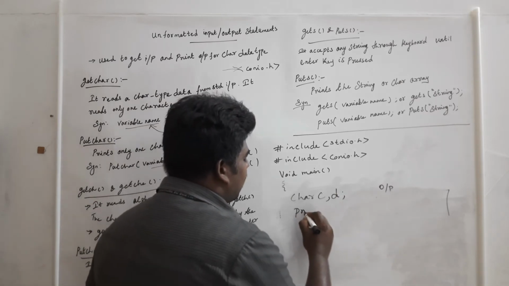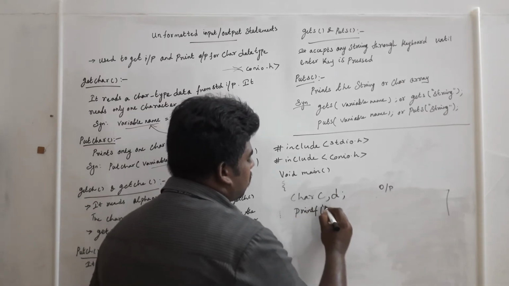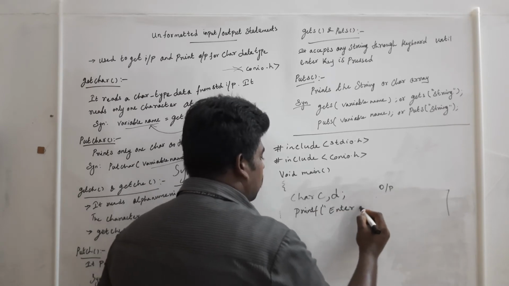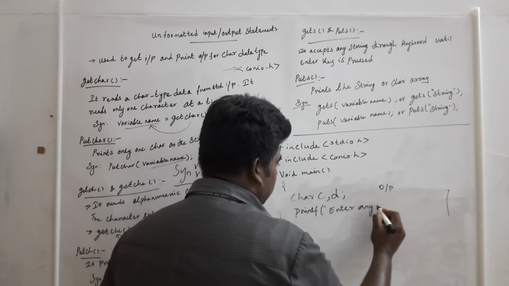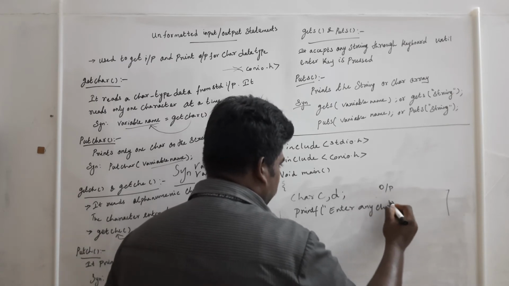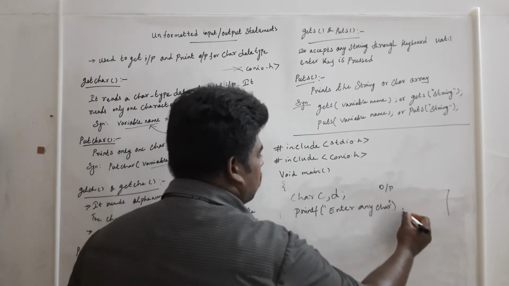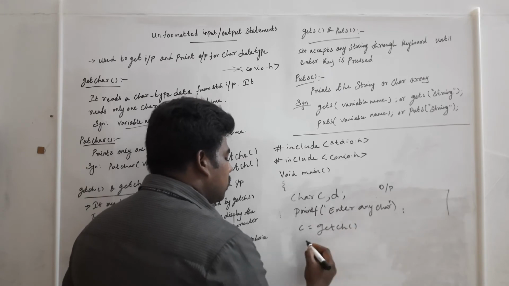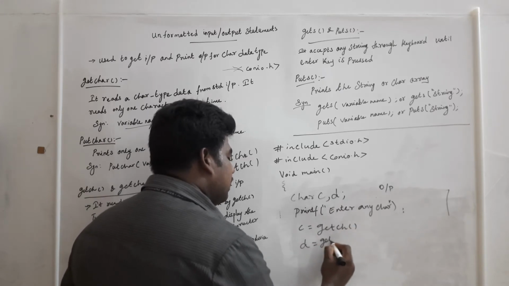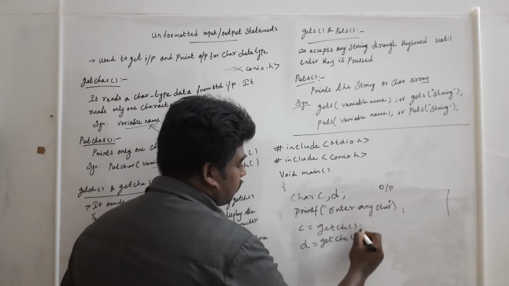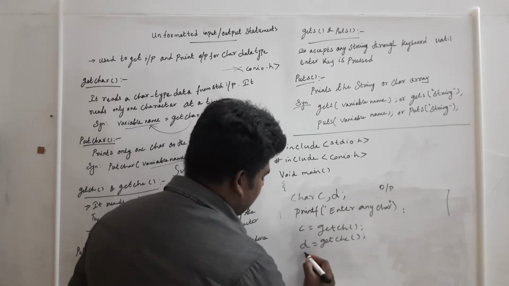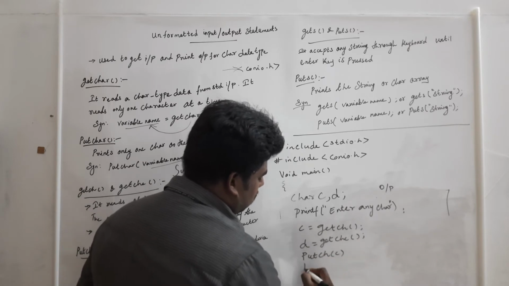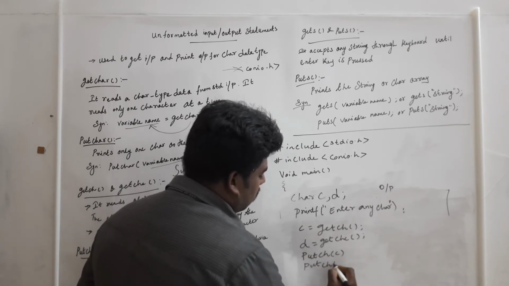Now in the printf, I write a notification: enter any char or press any key. Now c equal to getch of, similarly d equal to getche of. Then putch of c and putch of d.